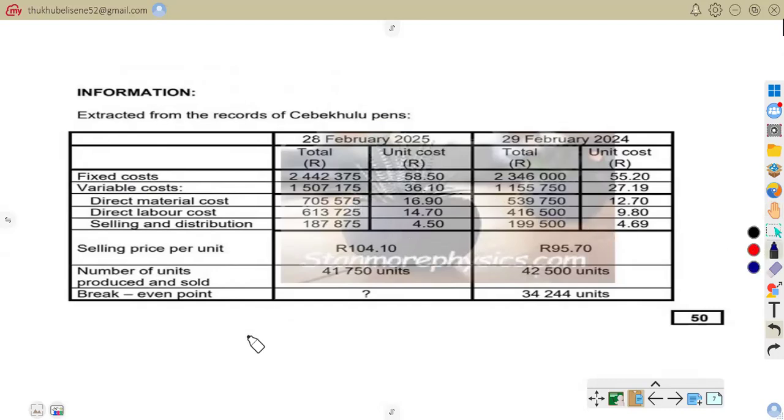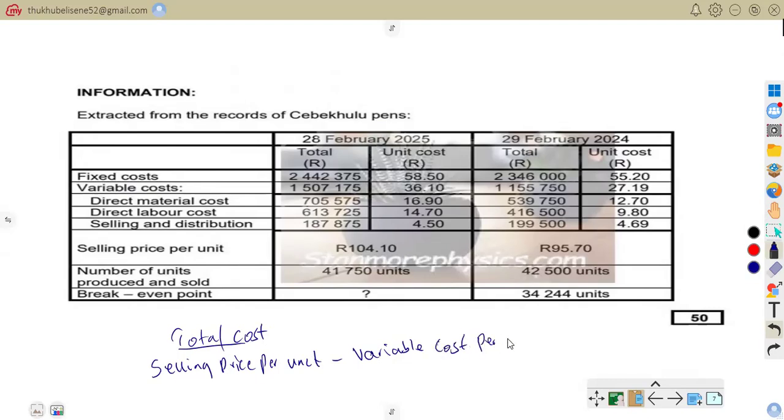We are going to say our total cost divided by selling price per unit minus variable cost per unit.